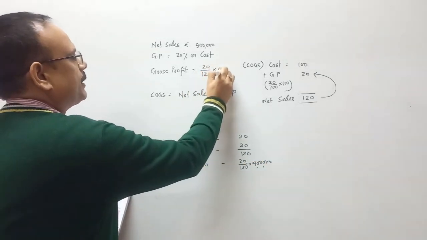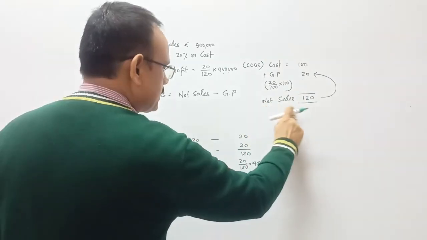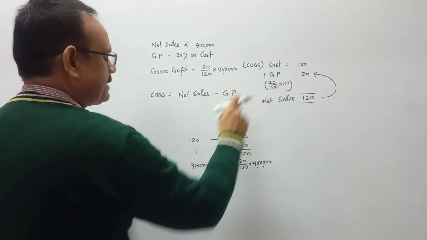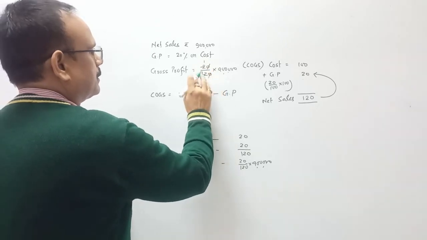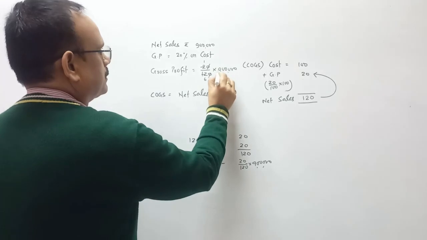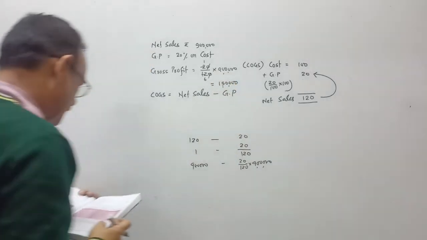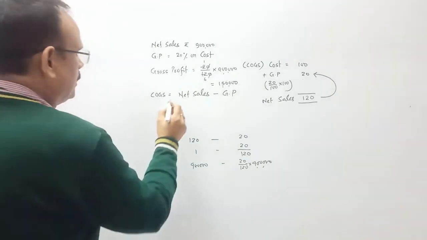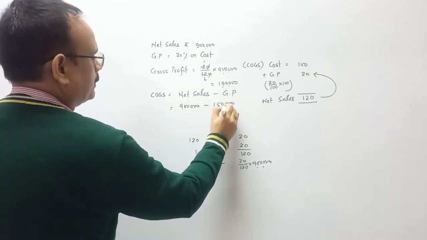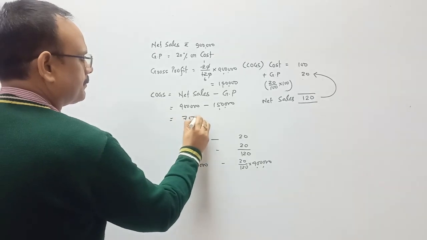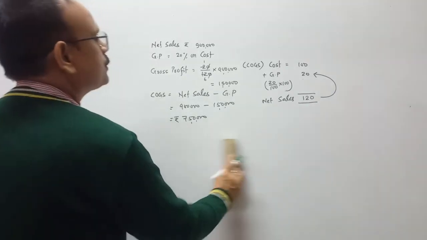So GP is 1,50,000. Now net sales is 9 lakhs and GP is 1 lakh 50, then cost of goods sold is 7 lakh 50,000. Is it clear?